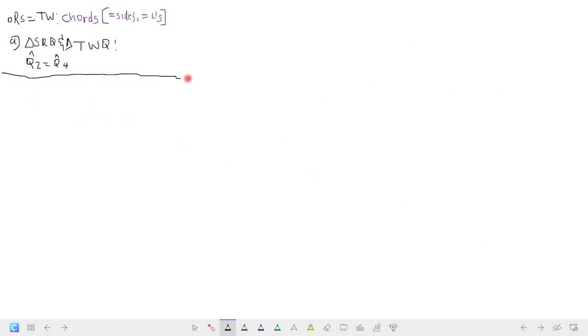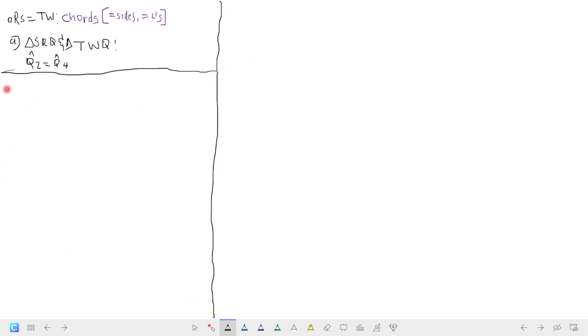In the diagram, I like to call this one a glossary, because in the glossary we have steps, methods that you're going to look for. So let me just write there, glossary. The first thing that you're going to look for is what? Cyclic chords.